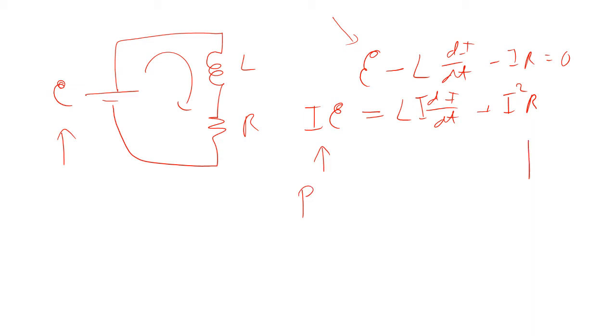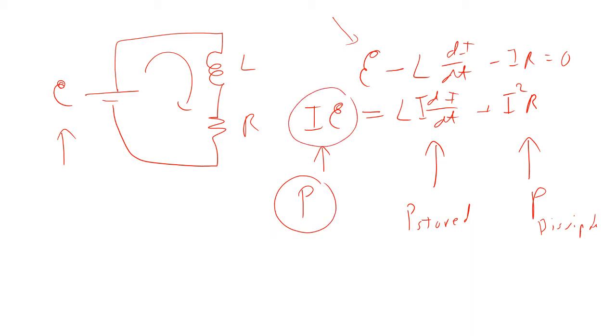This is the power dissipated in the resistor. So this is the total power provided right here, I times V. That's the total power provided by our power supply.